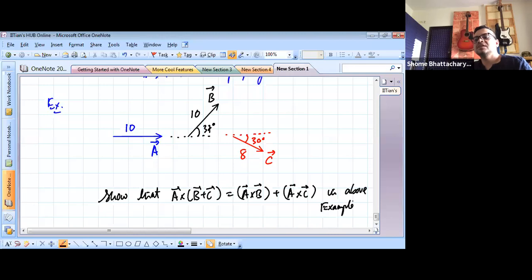Okay. Wait, let us just make this a little bit easier, because here the value will cause us a little bit of problem. Okay, so let us take this angle also as 30 degrees.